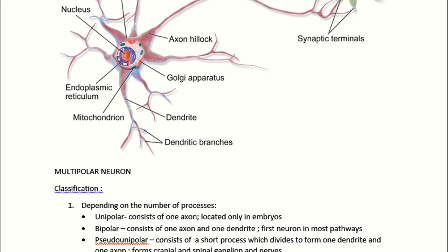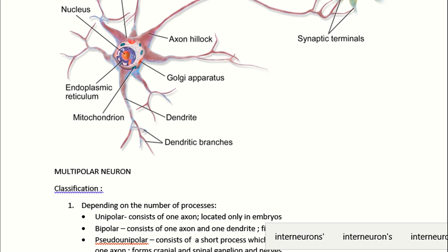And multipolar consists of many dendrites, there's no I, yeah, and one axon. Okay, now function of this one forms interneurons. I'm going to write down little interneurons, and I will explain interneurons in a separate one now.